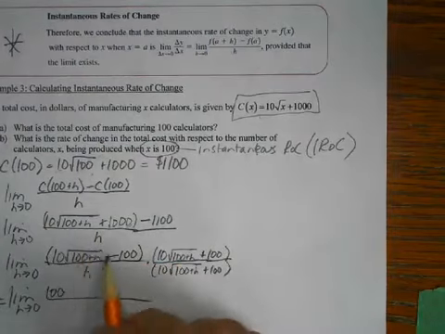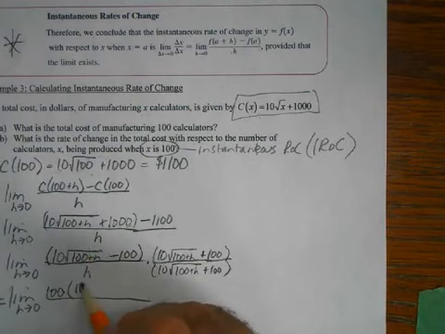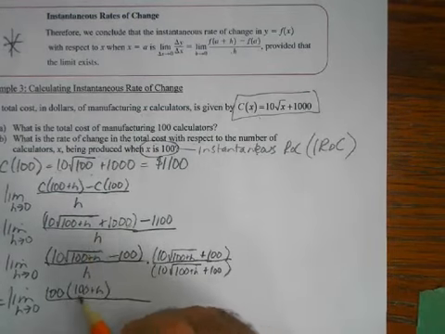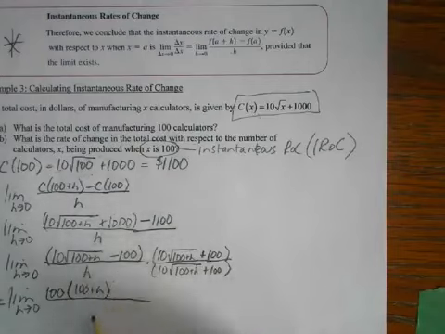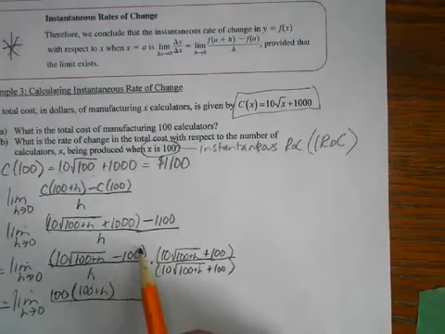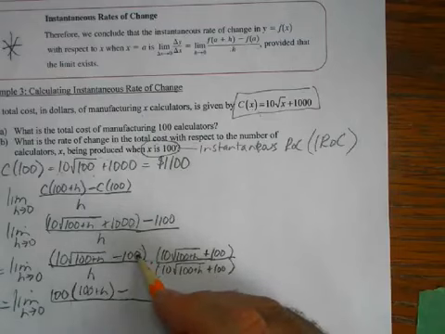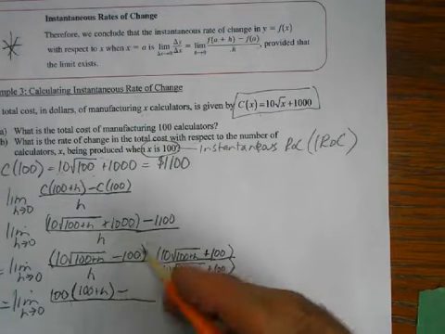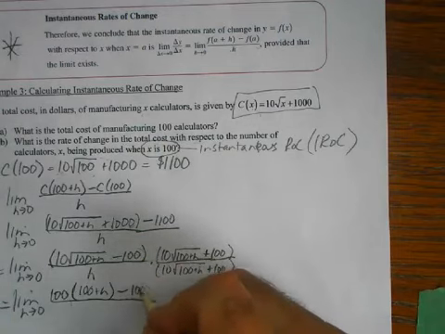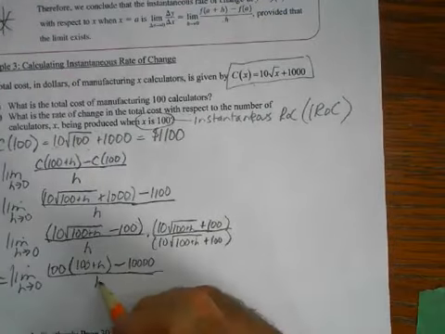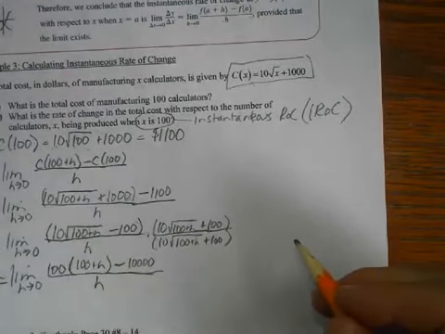I square this, I get 100 plus h. Sorry for my writing. And then the second part will be minus this squared. So this squared is going to be 10,000 over h.